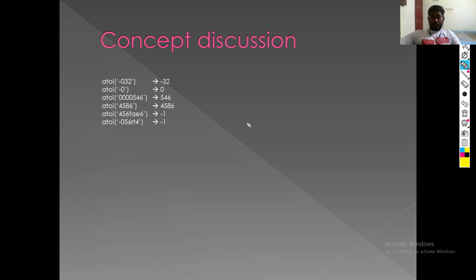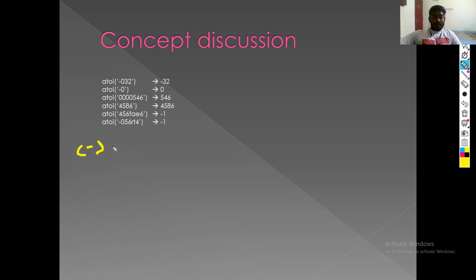Before moving into the coding part, we have to discuss some concepts, how we are going to implement Atoi. For example, say we get an input of -032. For that, we need to look at the first letter of the string and check whether it is a minus or not.